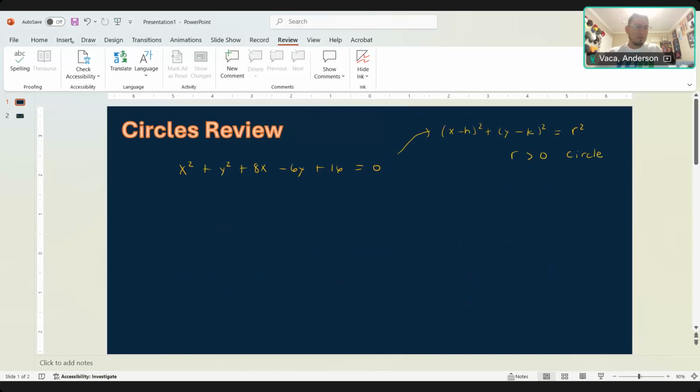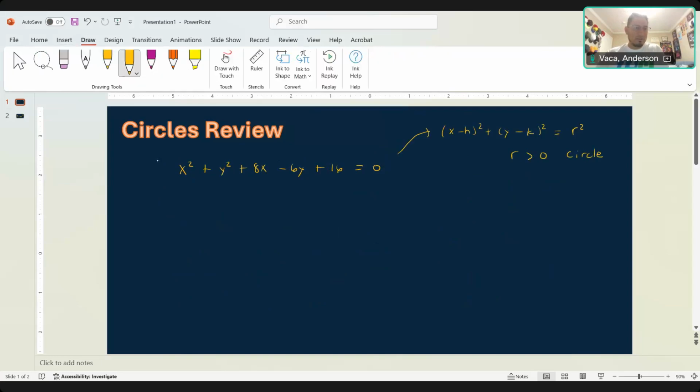So you're probably wondering, what happens if it's not greater than 0? Let's say, what happens if the radius is equal to 0? That's not a circle. That shape is just a point.